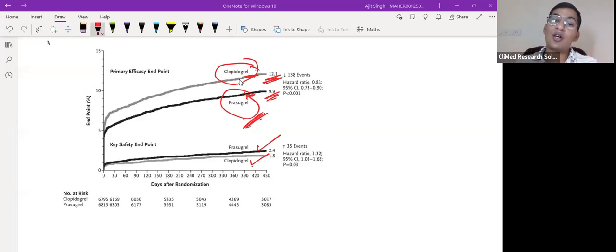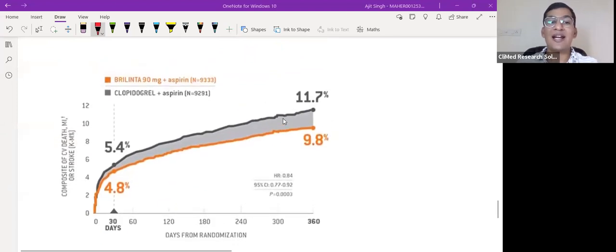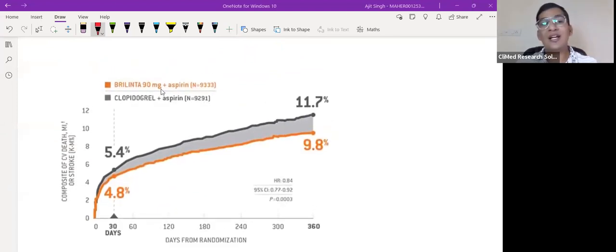But if we talk about the efficacy and hazard ratio, prasugrel has the higher hazard ratio than clopidogrel in case of long-term endpoints. So if I talk about Brilinta and aspirin versus clopidogrel and aspirin, ticagrelor versus clopidogrel, you can see clopidogrel has 11.7% events.